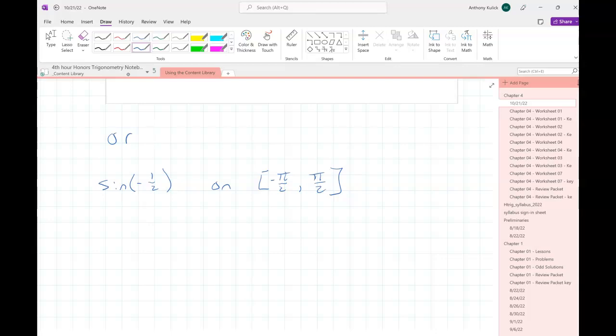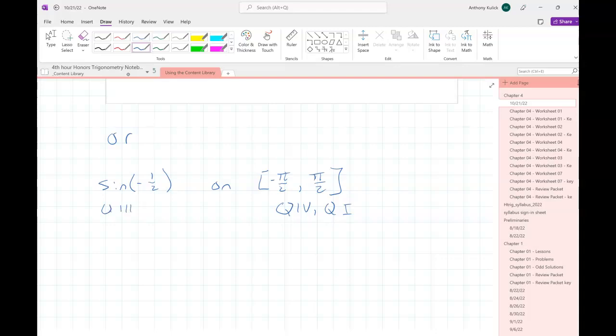This was us finding this value on that interval, right? Just like before, we acknowledged that this is quadrant 4 and quadrant 1. Where is sine negative? Below the x-axis, where the y's are negative.